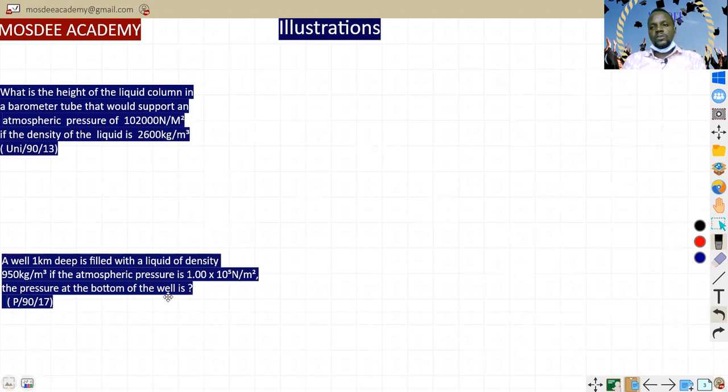Yes, now we have the third part, and about the third part, we have a question. It says, what is the height of a liquid column in a barometer tube that would support an atmospheric pressure of 102,000 Newton per meter square if the density of the liquid is 2,600 kilogram per meter cube?